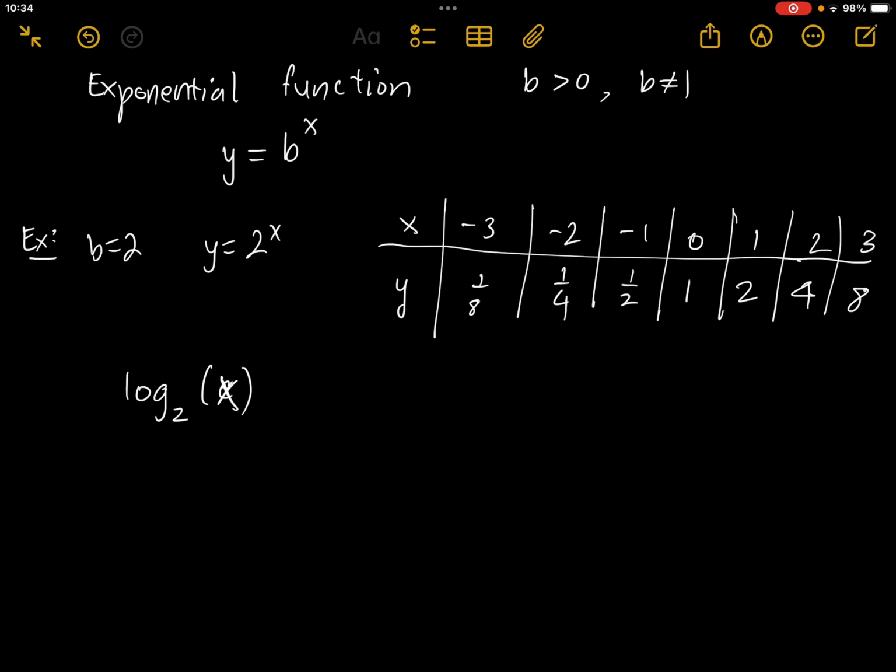So log sub 2 of x is the power y such that 2 to the y equals x.